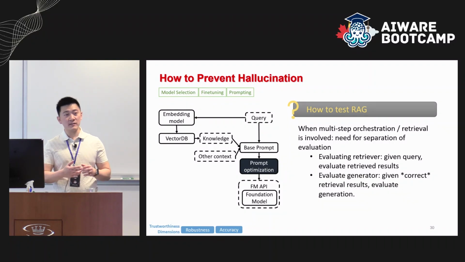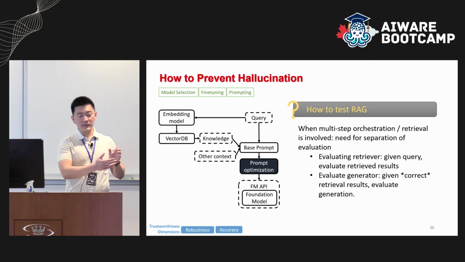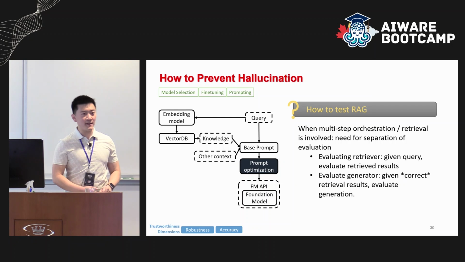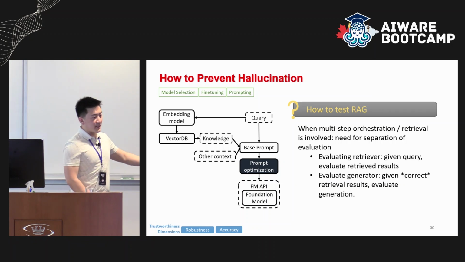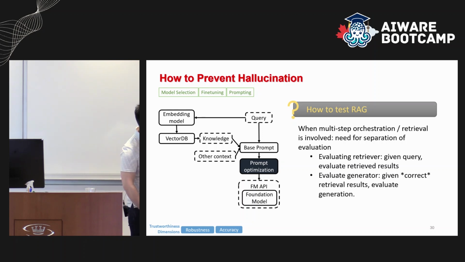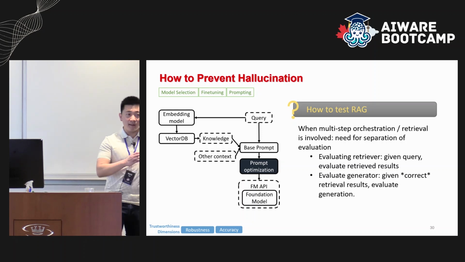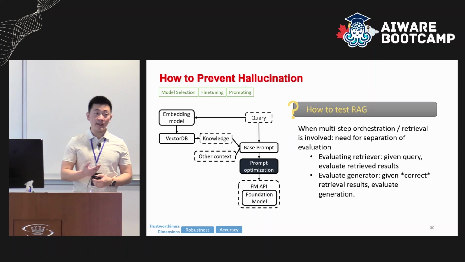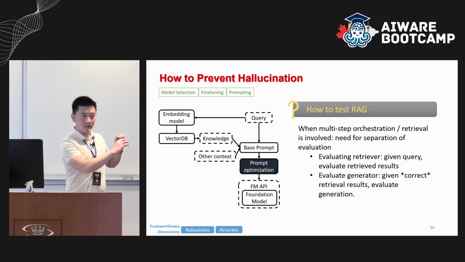There is a lot of research trying to solve this problem, and industry practice as well, on the retrieval pipeline itself. Here is a simplified version, and I believe other instructors will talk about more detailed architectures later. Right now it's just an arrow between knowledge and base prompt, but there are a lot of techniques people are proposing: how do you rank the retrieved results? How do you construct the retrieval query? There are many things to consider in constructing these pipelines.